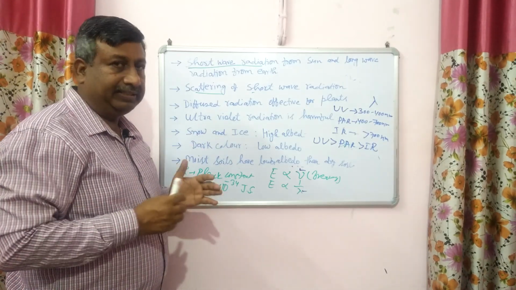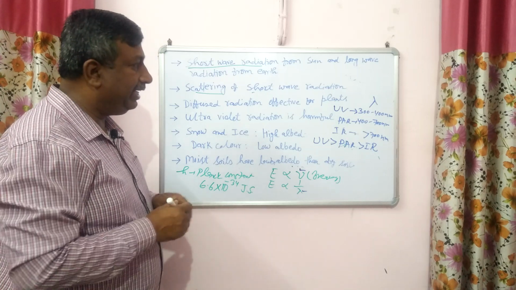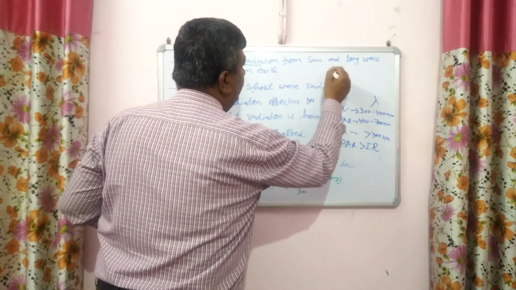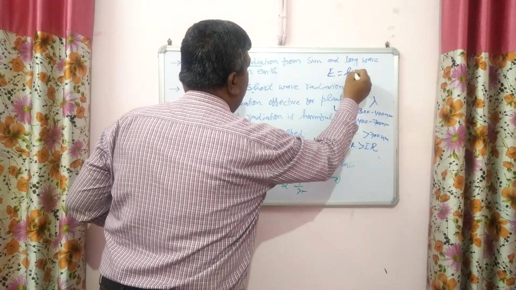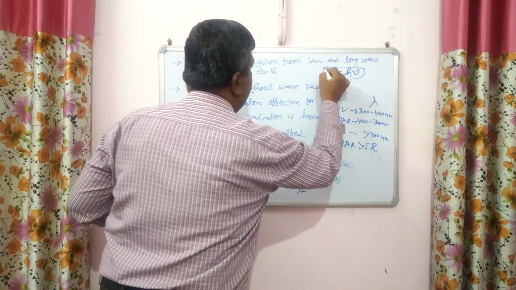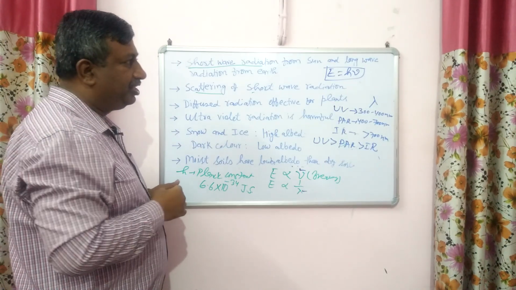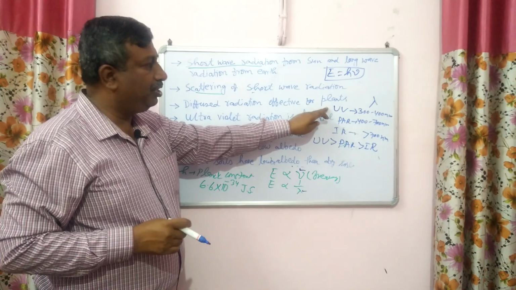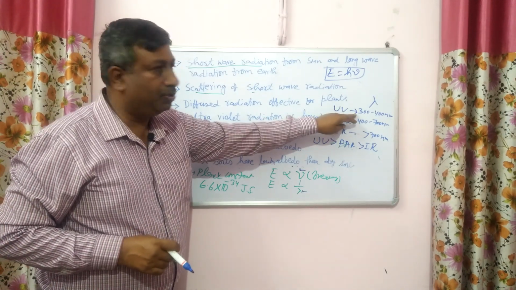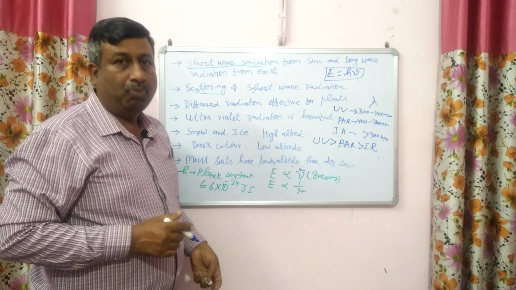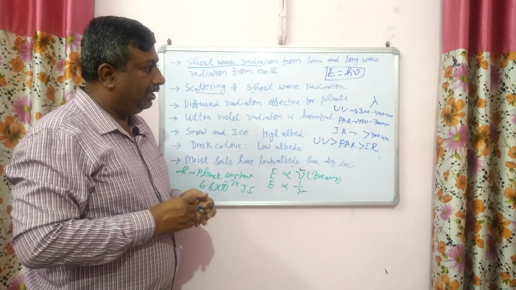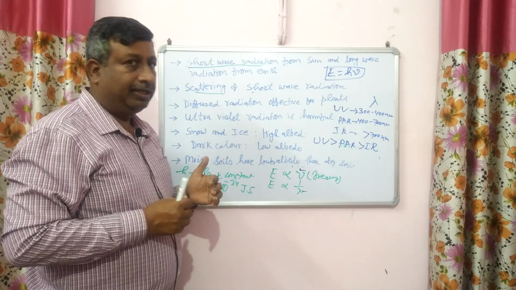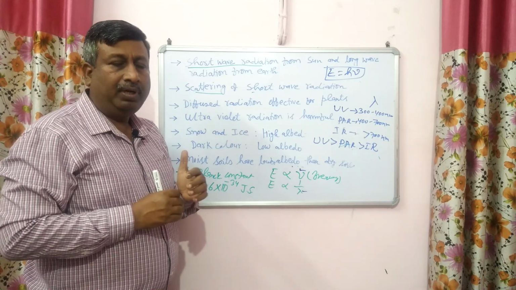Because energy is decided by E = hν, this is a very important formula, and h is the Planck constant. ν is frequency, and the frequency of UV is high because λ is low. So the energy of UV light is more, and the energy of infrared is very less. So infrared is not harmful.